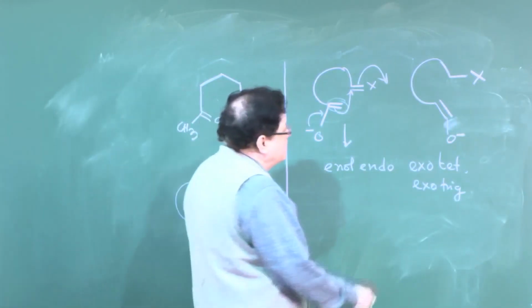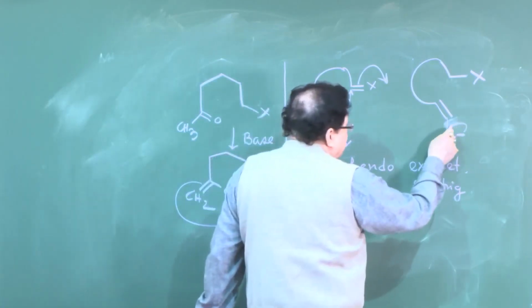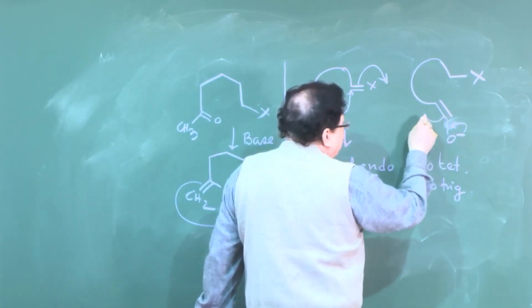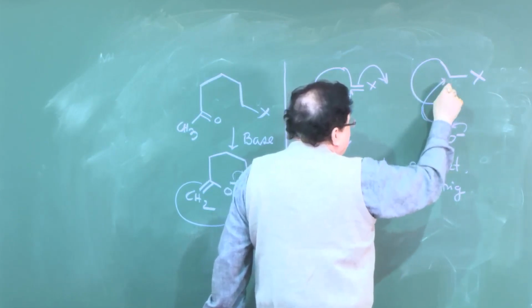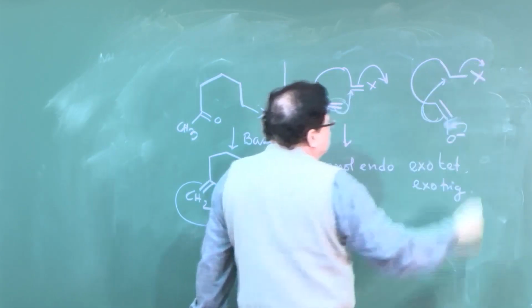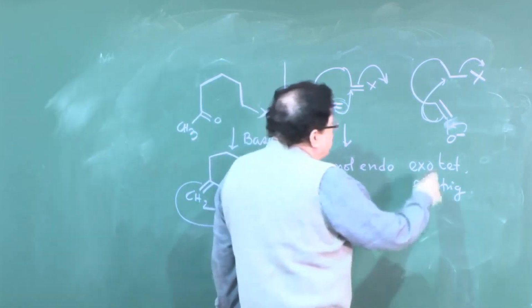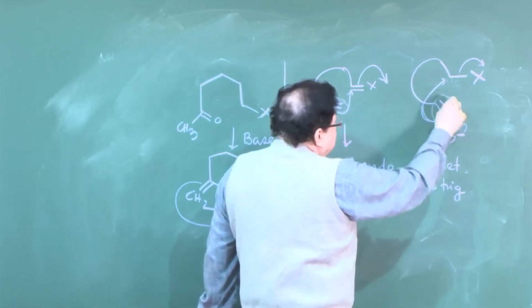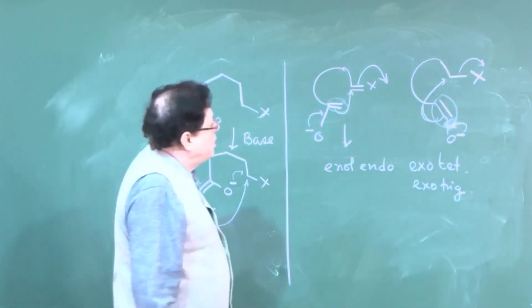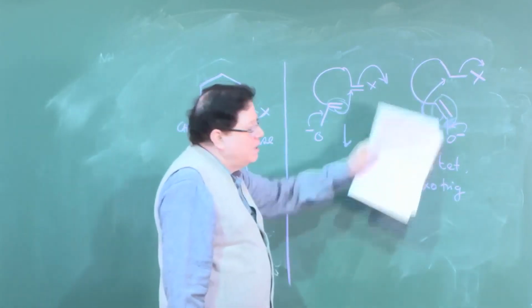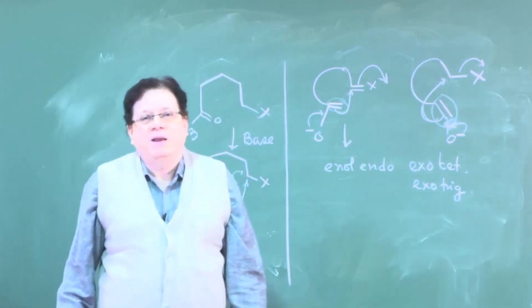Now, in this case, if the cyclization happens like this, that O minus comes here and then that attacks this carbon and X leaves. Okay. Now, what happens? Both the carbons are not becoming part of the ring.